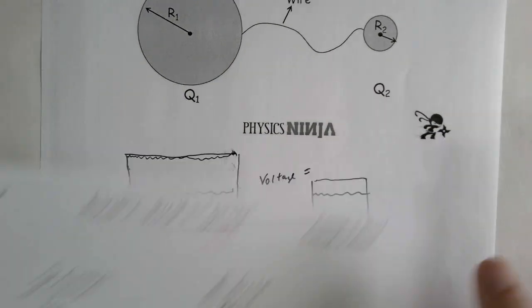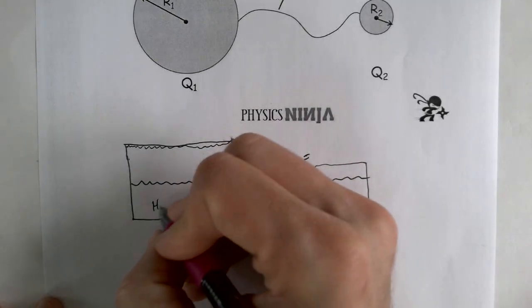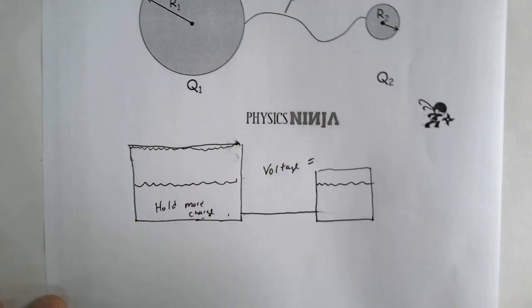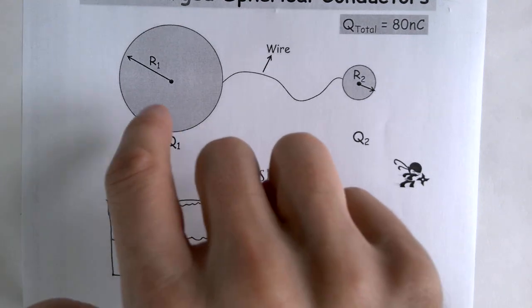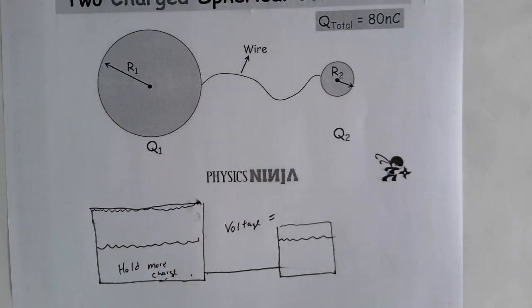It would only be equal if these were the exact same container. Because this is a bigger container, it can hold more charge. Quite literally, it can hold more charge. So in this case, this sphere would end up having more charge than the little sphere. And we can prove it with some formulas too. Let's see what we got going on here.